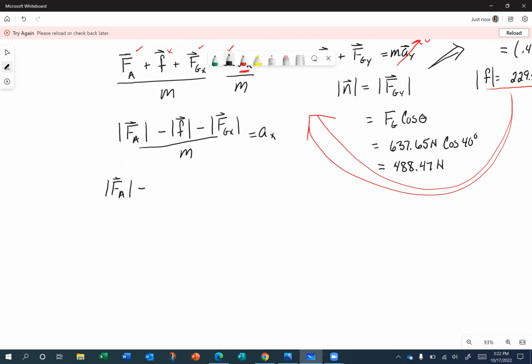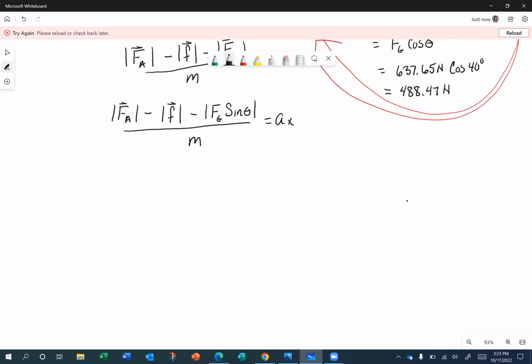minus the magnitude of the force of friction minus Fg sine theta, all over mass. That's going to be our acceleration in the x direction, magnitude.